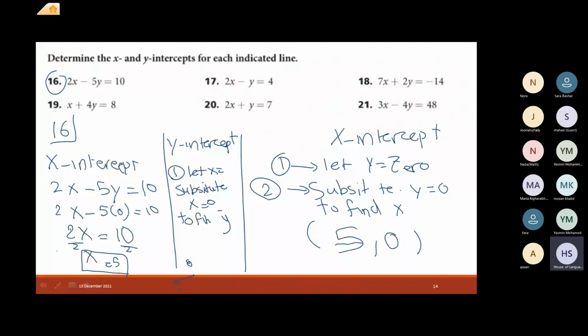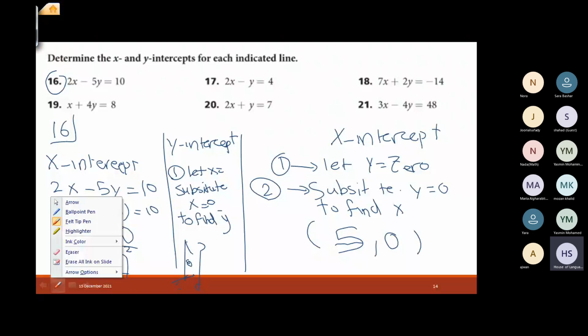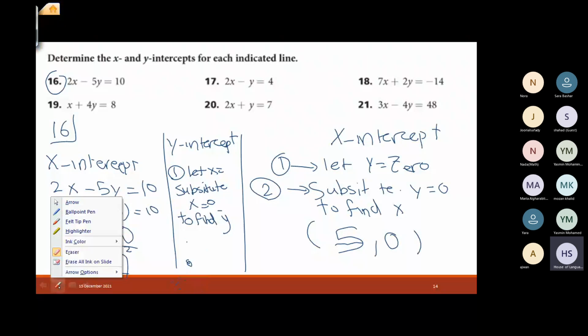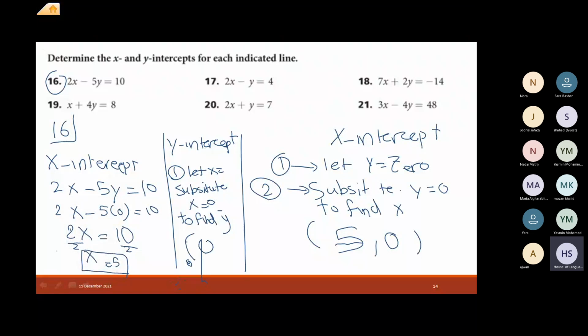So x is 0, and y you have to find. So what do you have to do? 2 multiplied by 0 minus 5y. Then we will divide it by 2.